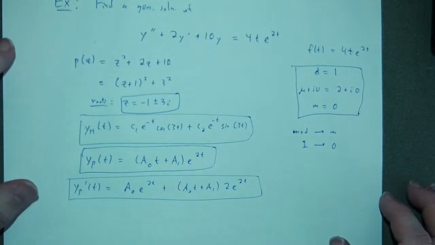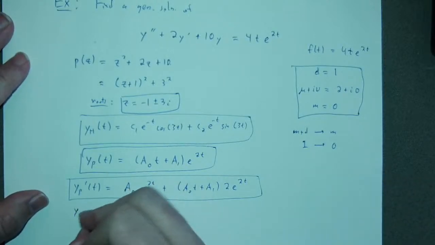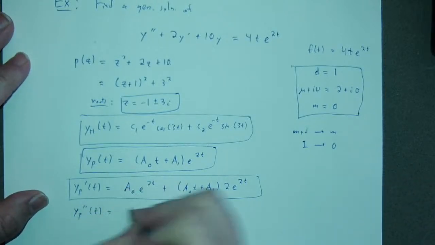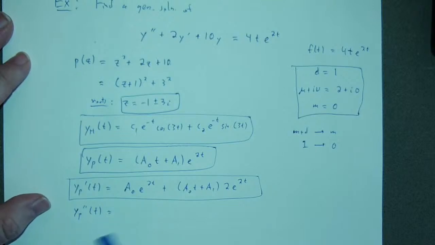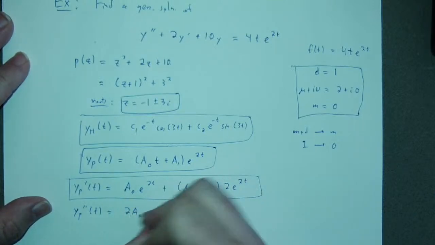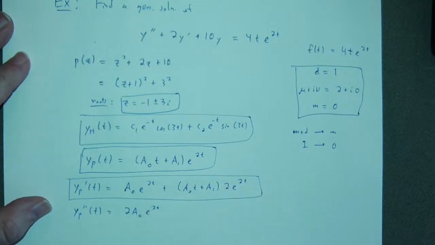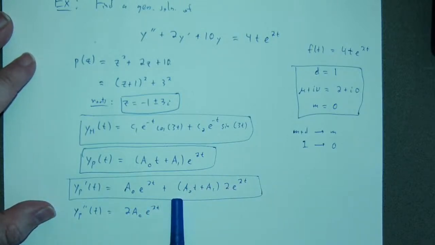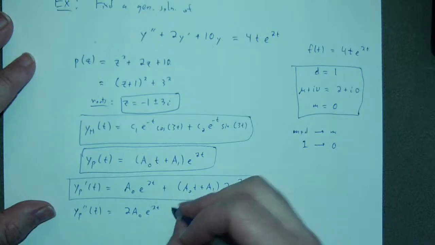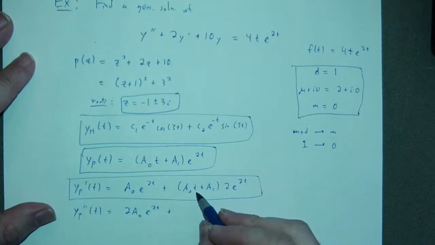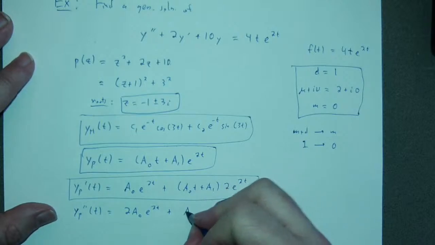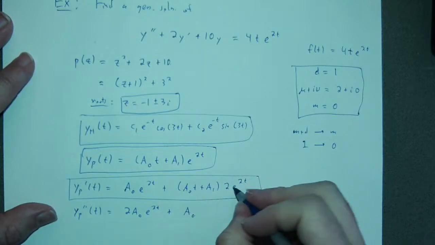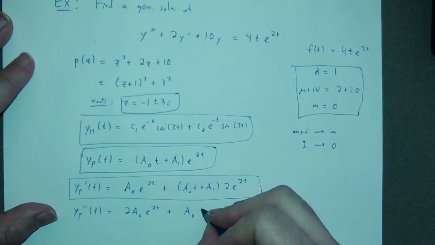For my second derivative, what do I get? Okay, so for this term, I would get 2a0 e to the 2t. For this term, I am going to use product rule again, so I'm going to get plus a0 times 2e to the 2t.